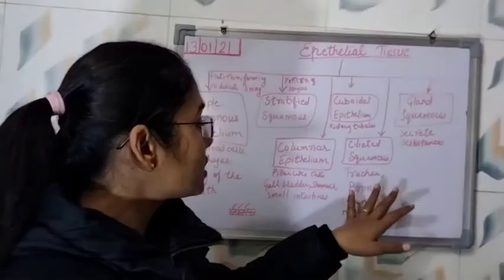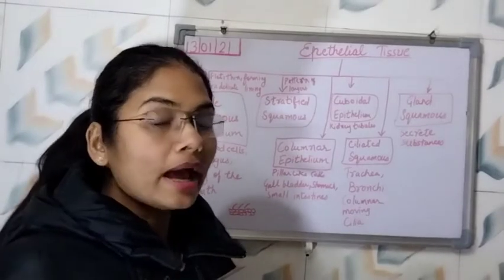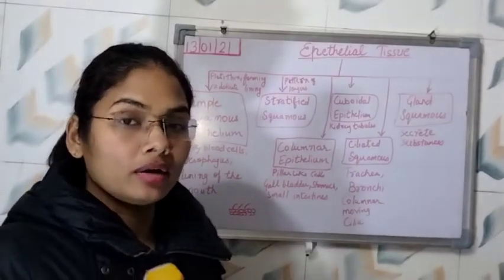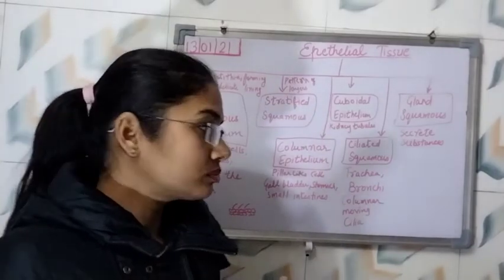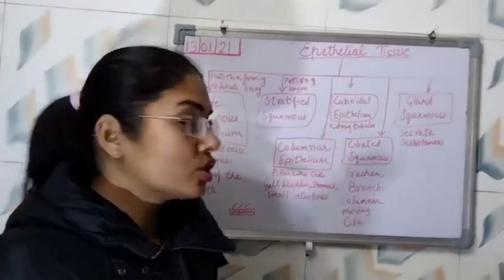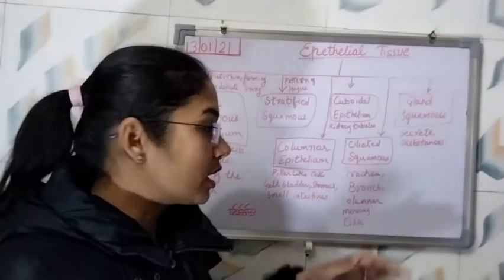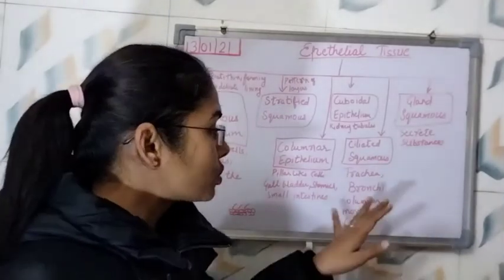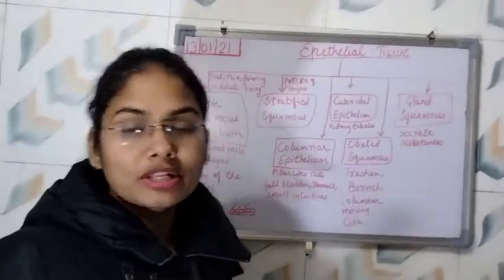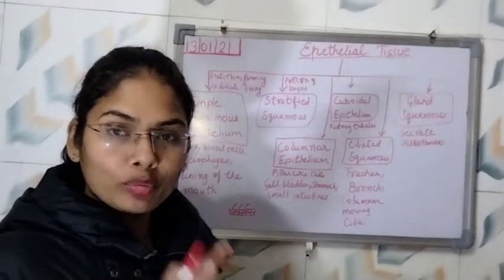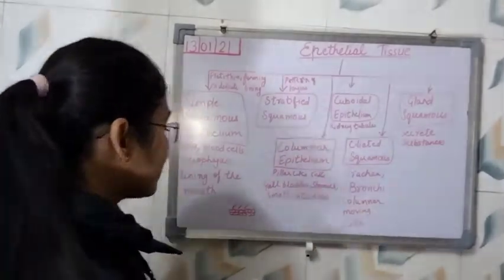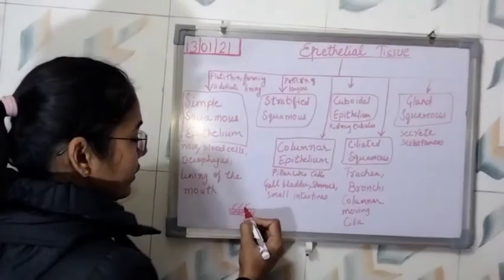They are present in the trachea and bronchi, where we have those branches. In our chest there are bronchi, as you all know. Ciliated epithelium is present there, having columnar shape and moving cilia.